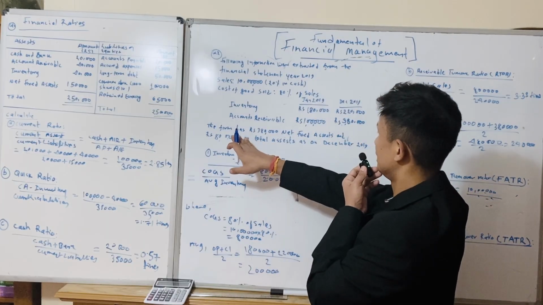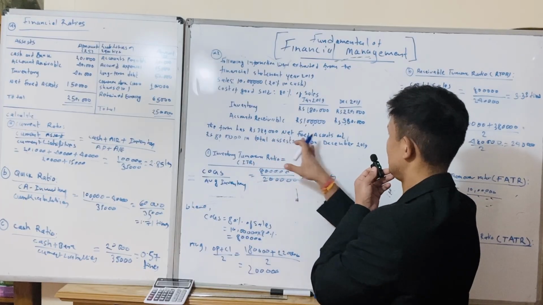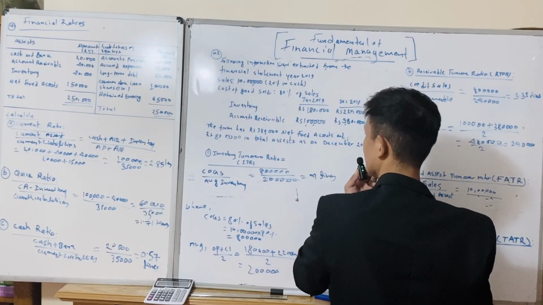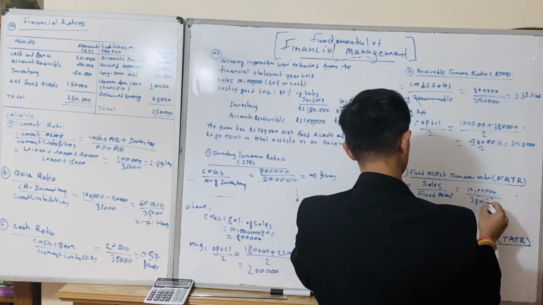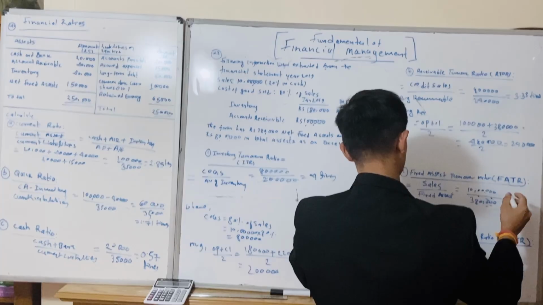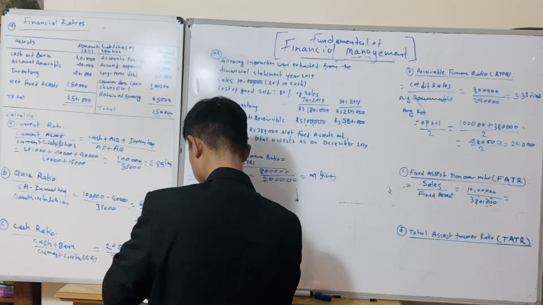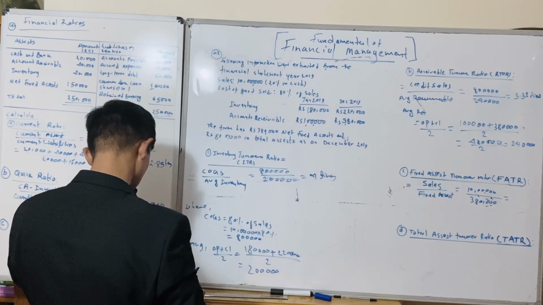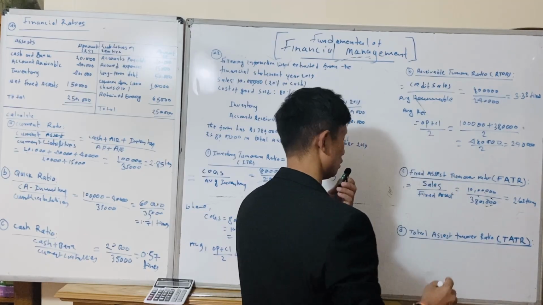The fixed assets are given here: the firm has 3 lakh 80,000 net fixed assets. So let's divide 10 lakh by 3 lakh 80,000, which gives 2.63 times as the fixed assets turnover ratio.